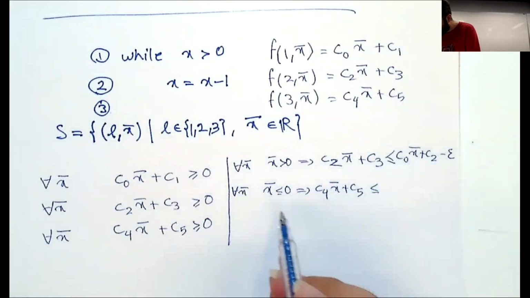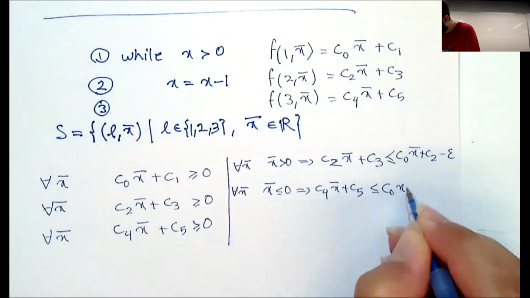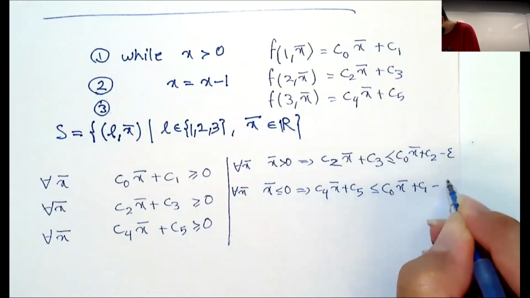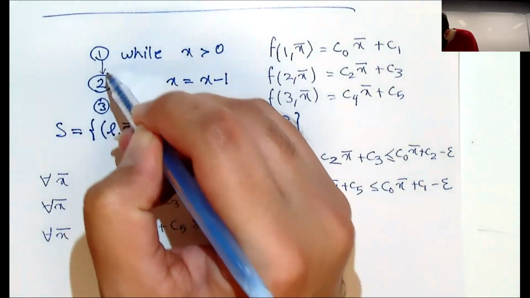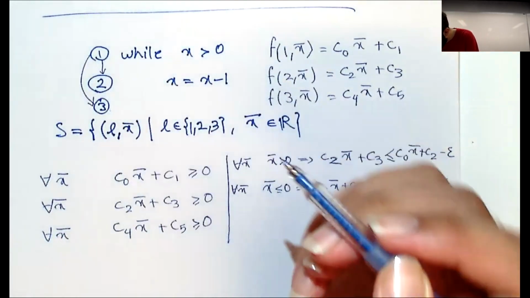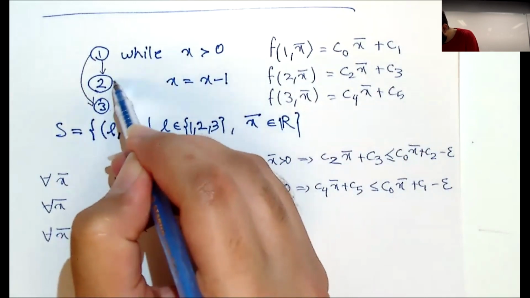It should be less than or equal to the value that I had at line 1, which was C0 x bar plus C1, and of course, minus epsilon. So these are the transitions that go out of line 1. Actually, I can draw all the transitions. I have a transition here, here, and then from 2, I can only go back to 1.